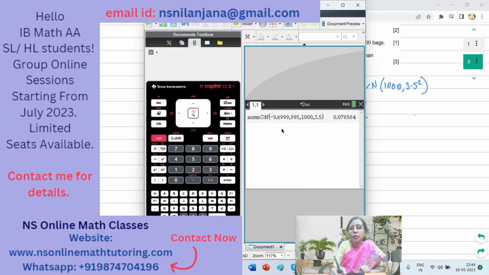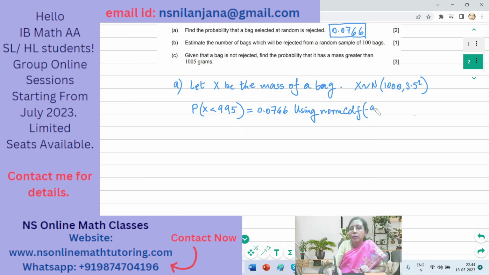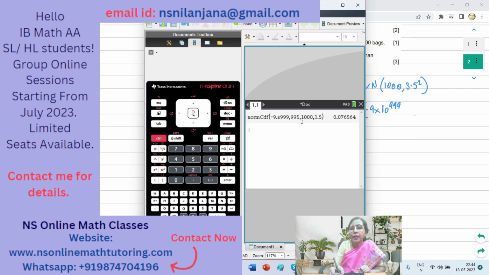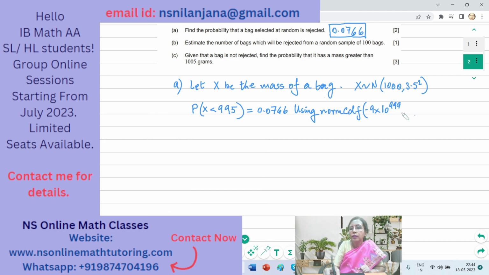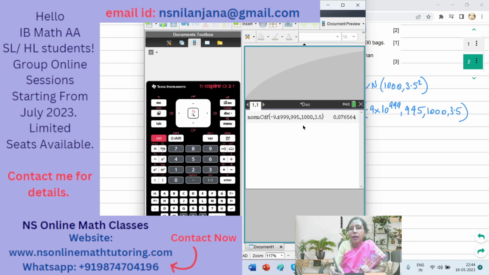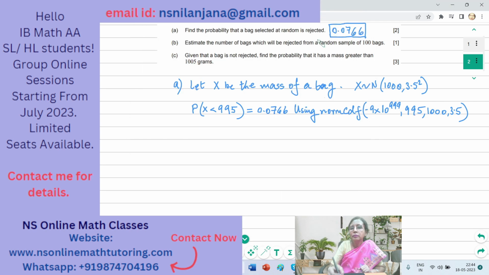The values are negative 9 times 10 to the power of 999, then 995, then 1000, then 3.5.